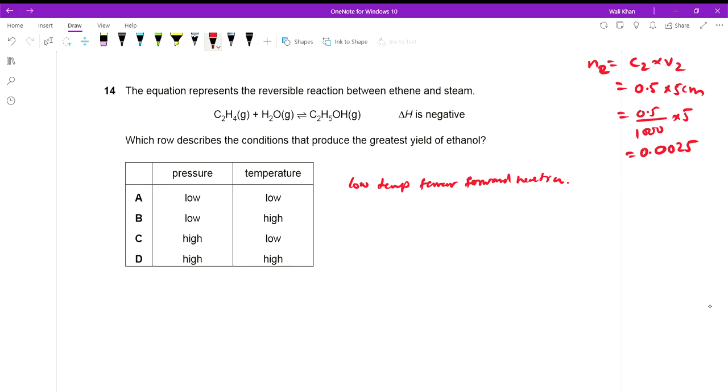So if we increase the pressure, it will also favor the formation of ethanol.